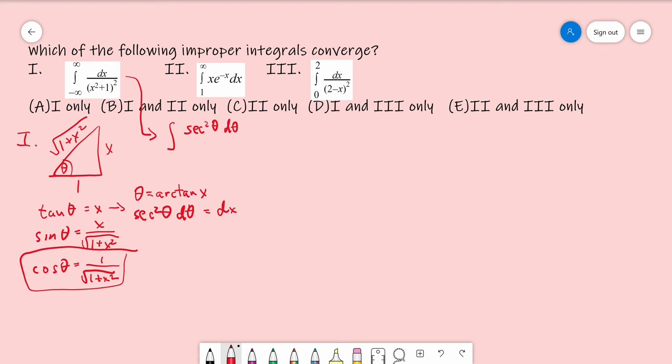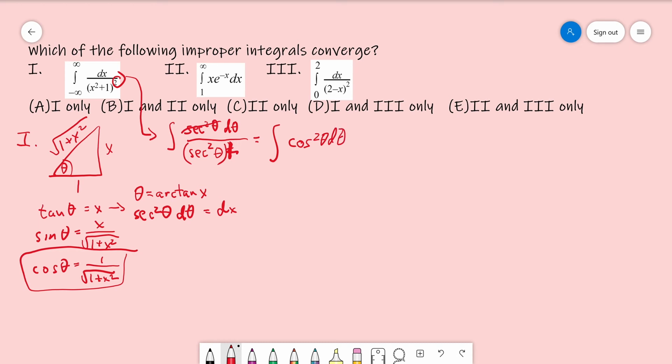So 1 over x squared plus 1 is going to be cosine squared. And cosine squared is the same thing as 1 over secant squared. So we're going to have a secant squared here. And this whole thing is squared because of this square right here. Okay, so this simplifies. We're going to cancel one of the secant squareds and cancel out this exponent, and we'll end up with 1 over secant squared, which is the same thing as cosine squared.